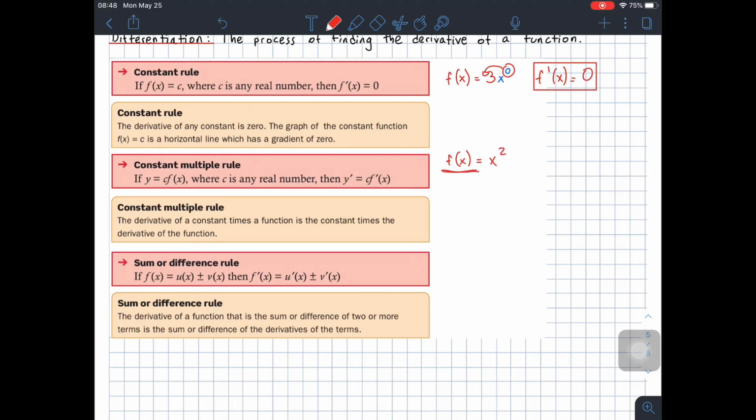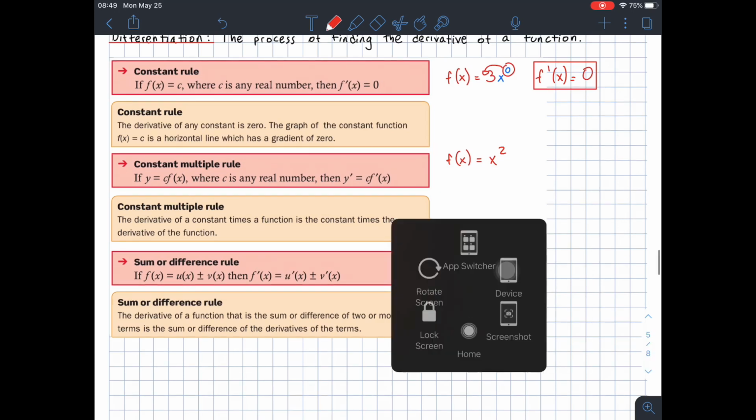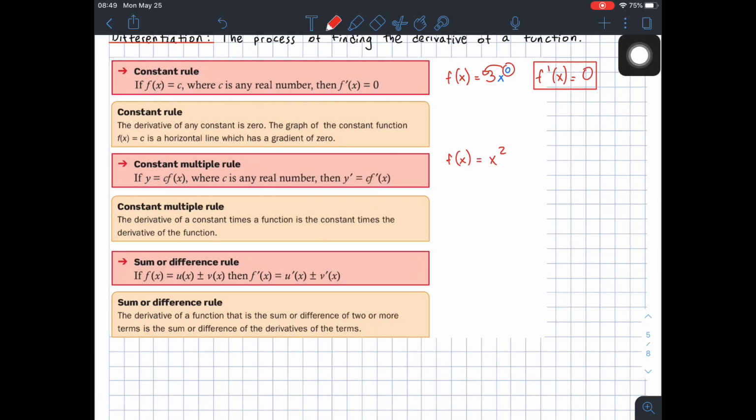If I multiply this function by a constant number, let's say, for example, 4f of x, this would be equal to 4x squared, right?